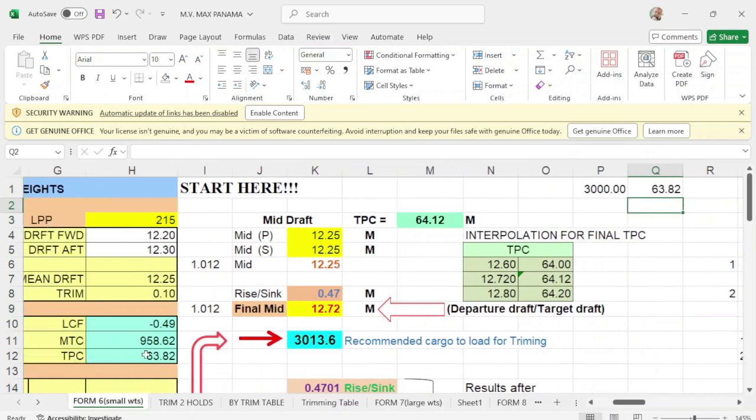Your remaining cargo to load is 3,000. How much would that be in centimeters? So you put equals 3,000 divided by the TPC, then that will be 47 centimeters.